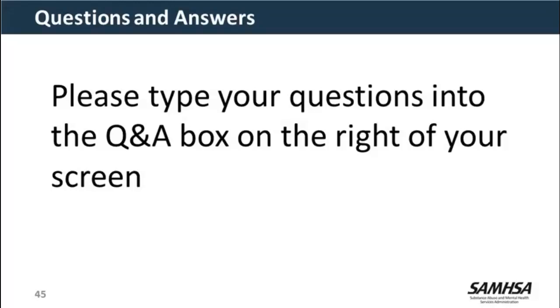Sure. So this is a common question that comes up as a recurring theme with SOAR technical assistance. It's not considered medical evidence if it isn't co-signed by a qualified medical professional, but it is considered collateral evidence, which speaks to the functioning portion of the person's application.